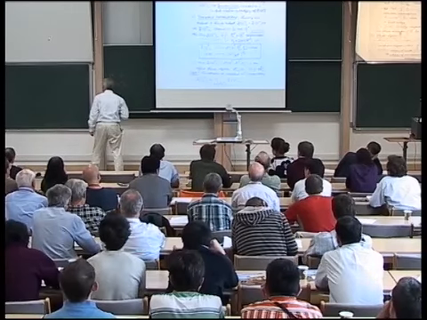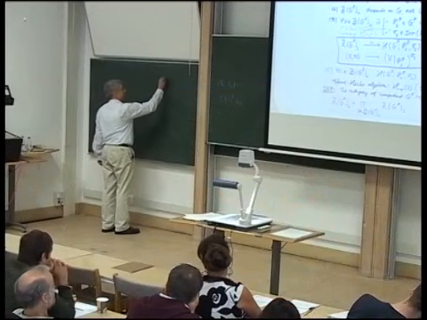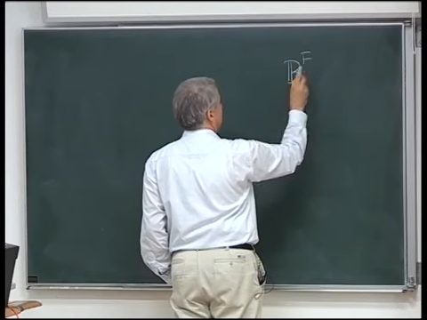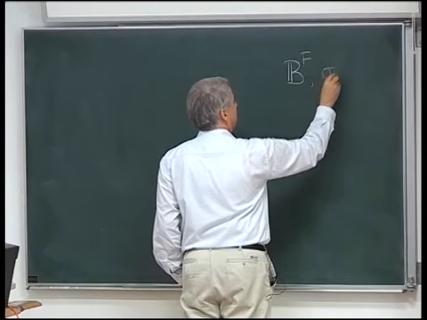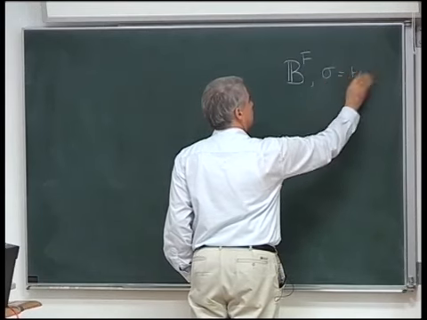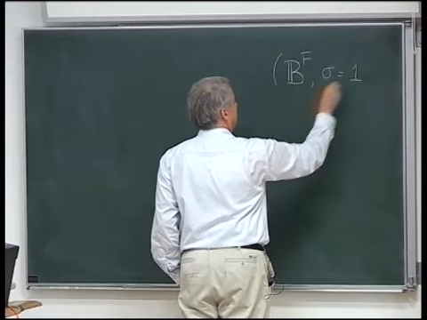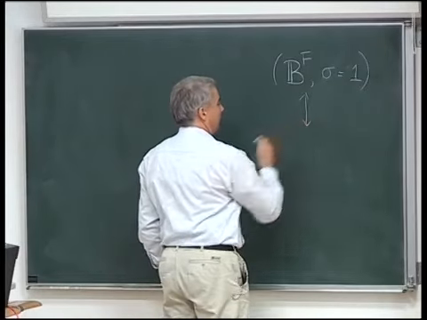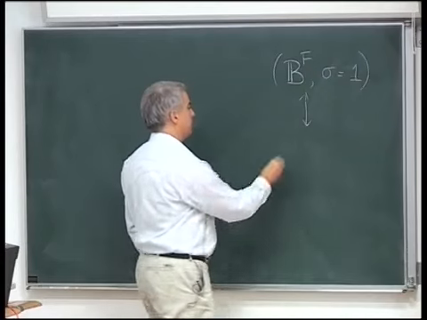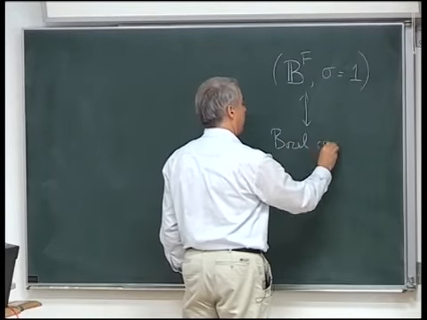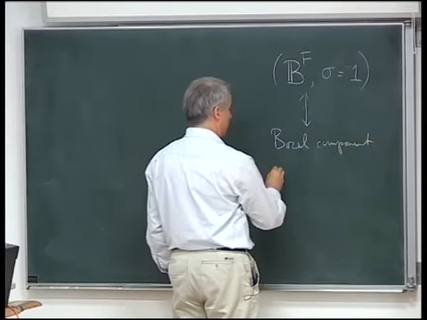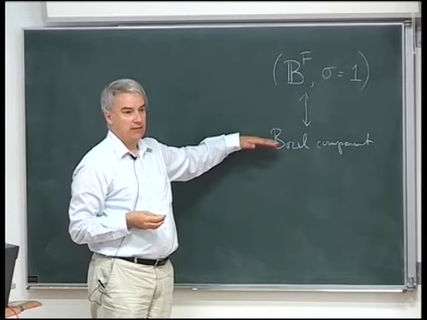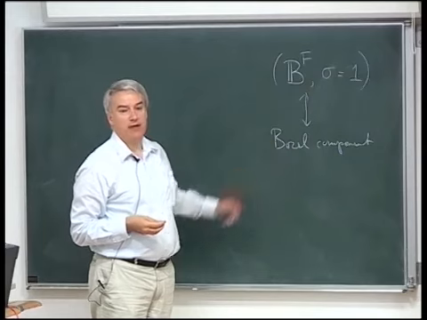So if we take BF for PF, and then sigma is the trivial representation. That is a special pair, and it corresponds to a component in the Bernstein spectrum, which is the Borel component. And so the irreducibles in this component are precisely the subquotients of the unramified minimal principal series.